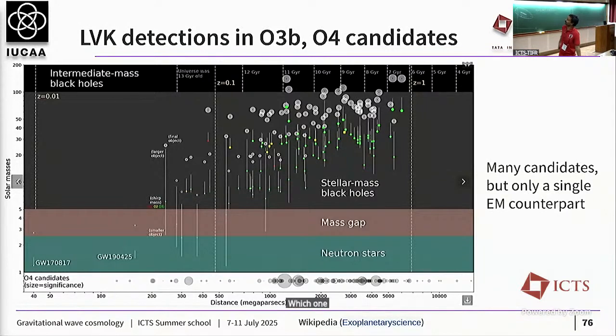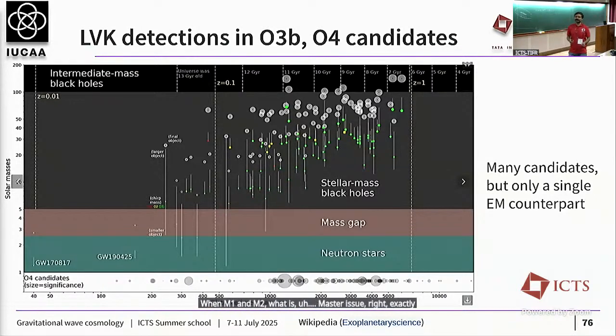No, so I think both of these black holes are shown, if I'm not wrong. I think it must have to do with M1 and M2, what is the mass ratio, right?